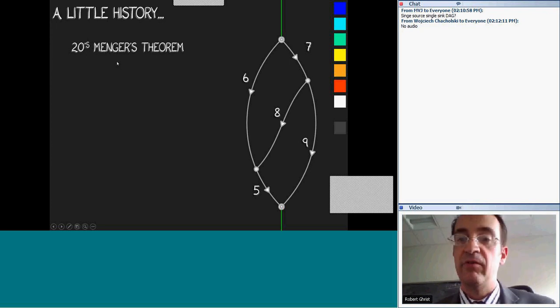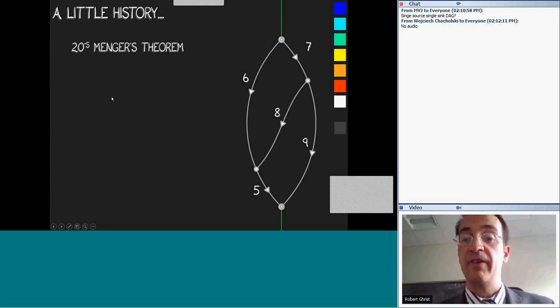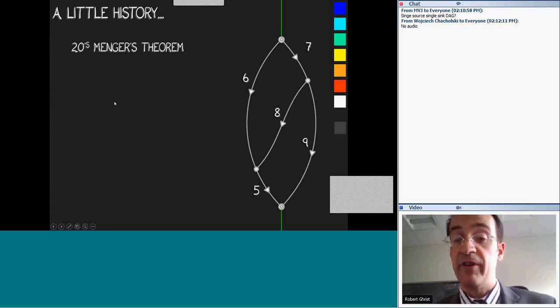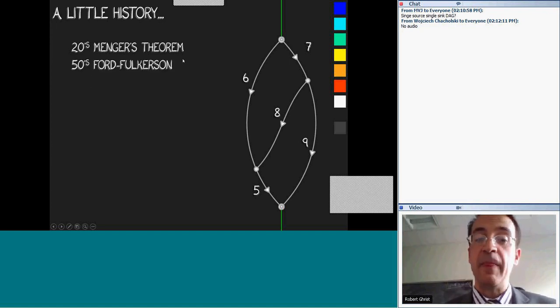In the 20s, the primitive version of this result, known as Menger's theorem, counts the number of connected paths from one vertex in a directed graph to another. When you get up to the 50s, that's when we have the real MAXFLOW-MINCUT theorem.